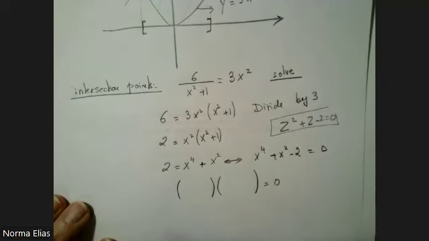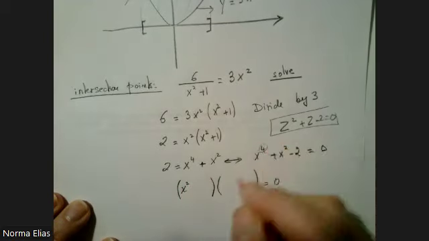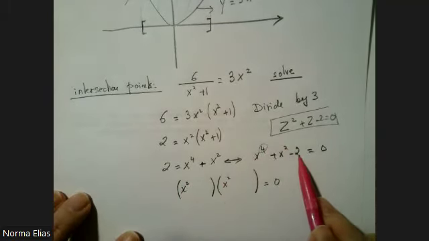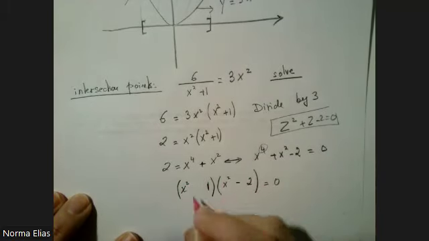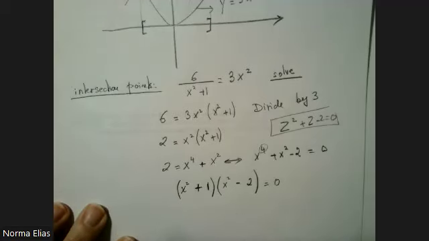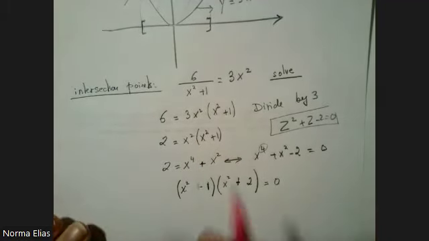Can you guys see the factors easily? So it's going to be x squared, because I have that. And this is a minus 2, so it's going to be 1 and 2, a minus and a plus. Am I right or am I goofing? It should be plus 2 and minus 1.